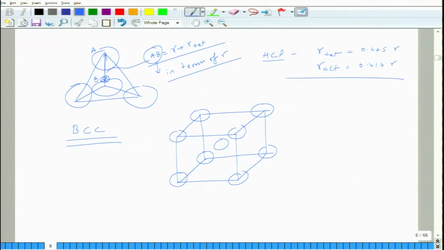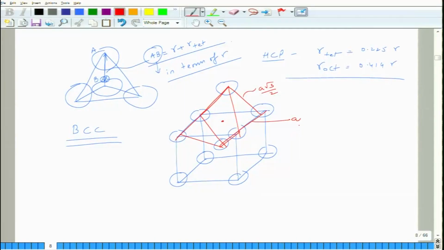For example, these are the octahedral voids in the case of BCC. This is the octahedral void, but it is not a regular octahedra because all the sides are not equal. This is A root 3 divided by 2 and this is A. As a result, it is not a regular octahedra. These kinds of octahedral voids are present in BCC.